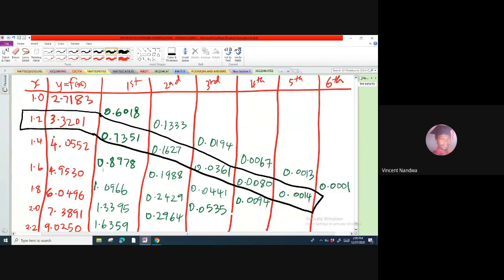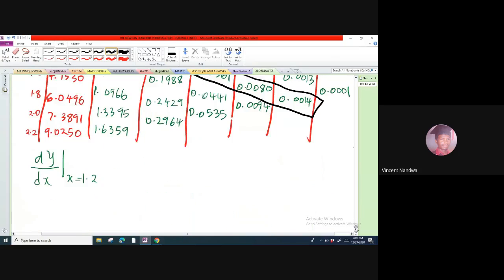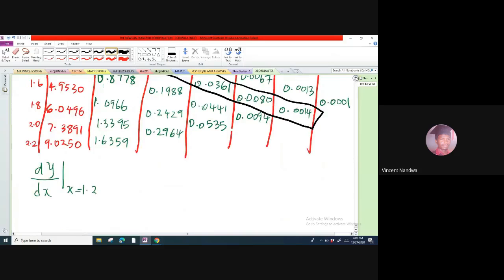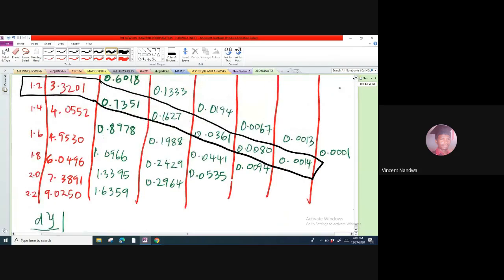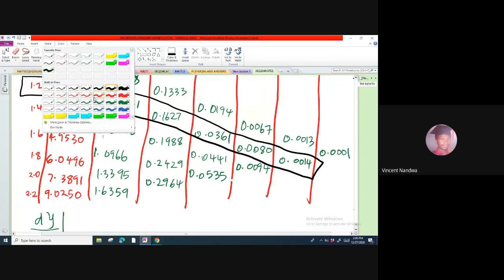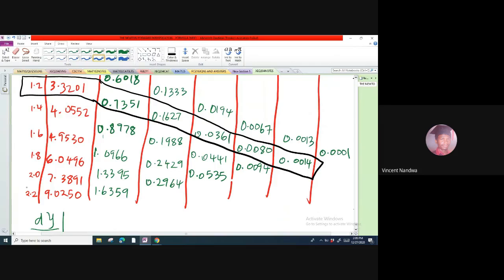And then the other one was 2.2. So 2.2 is at the bottom. So for 2.2, we will use this diagonal here.